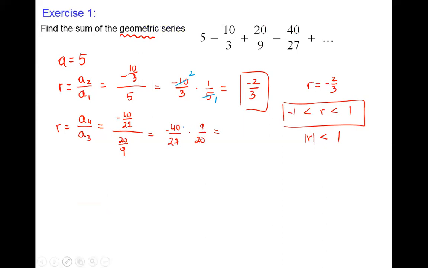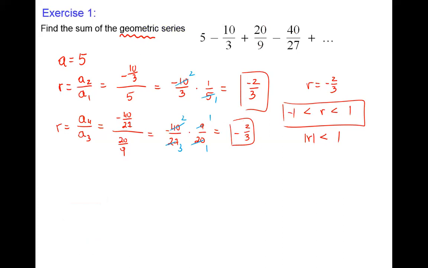I can see some simplification: 40 and 20, 1 and 2, and 9 and 27, 1 and 3. And the answer is negative 2 over 3, which of course is the common ratio and must be the same.